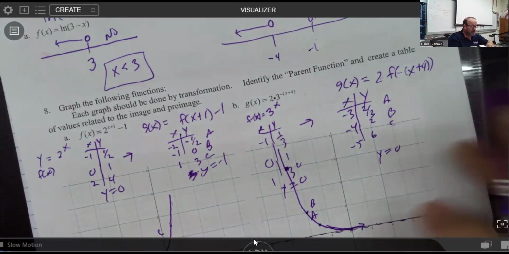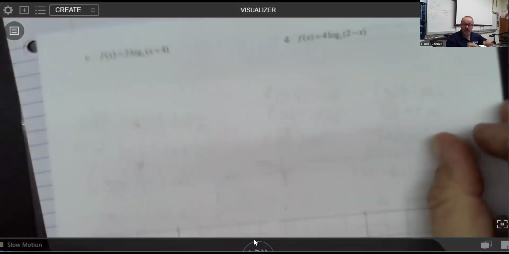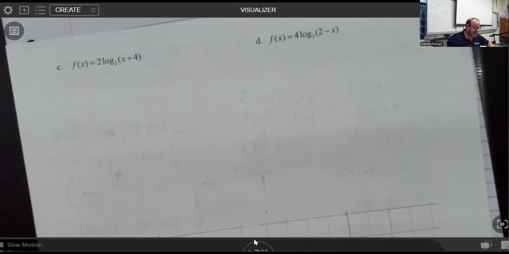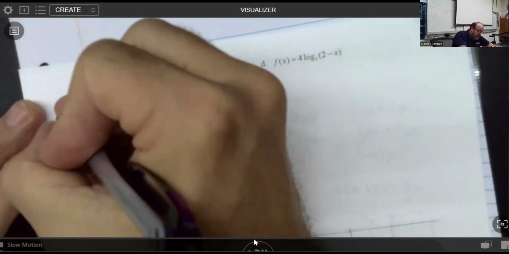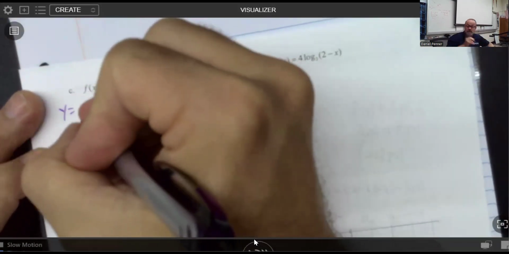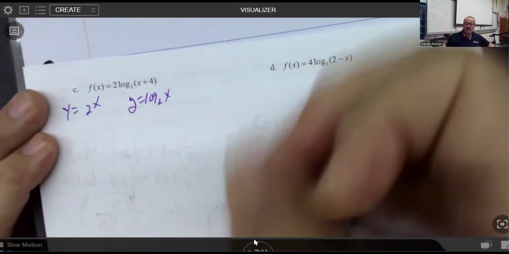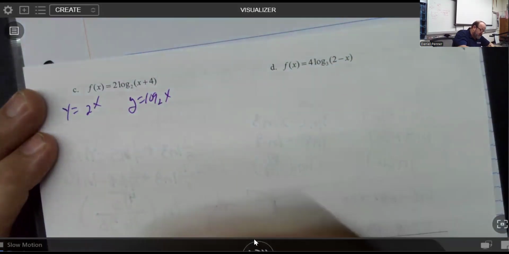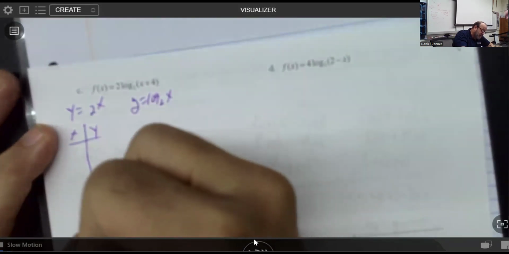Okay, now off to logs, the fun one. Now I gave a lot of space on this because in my head it just makes a lot more sense. So I personally really like to start with 2 to the x as my parent function. Then I go to the log base 2 of x, and then I do some movements of that. So here's my x, my y equals 0.